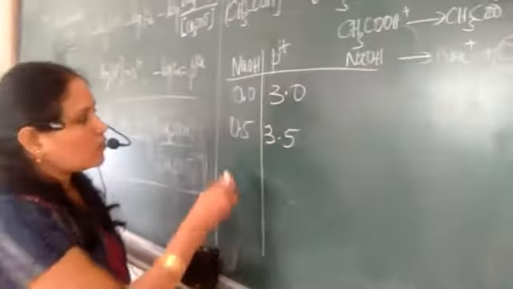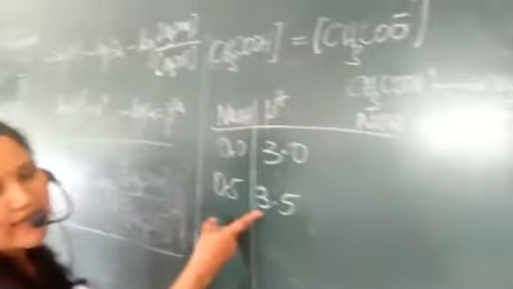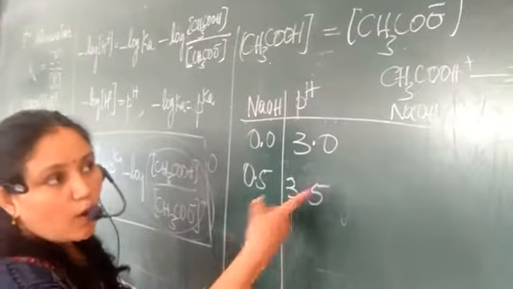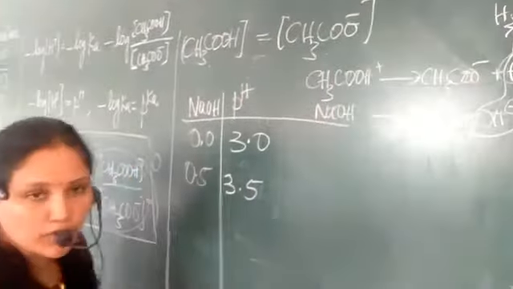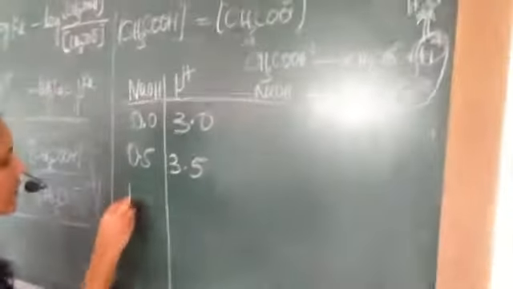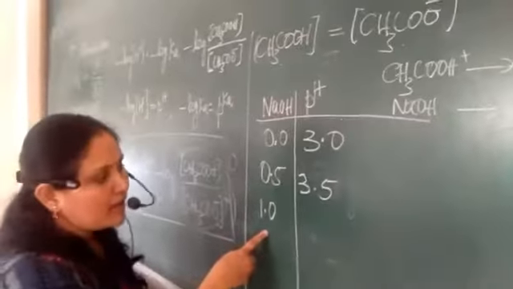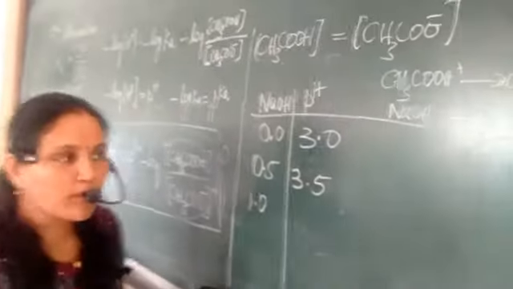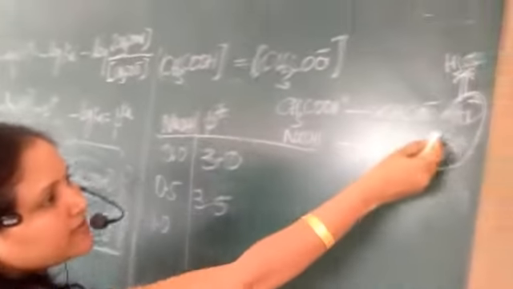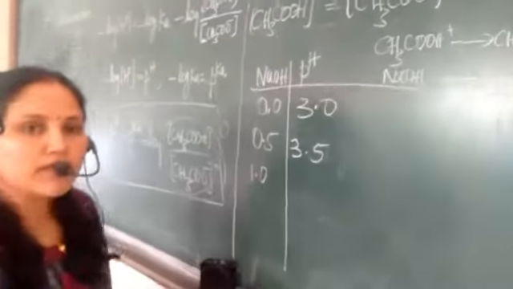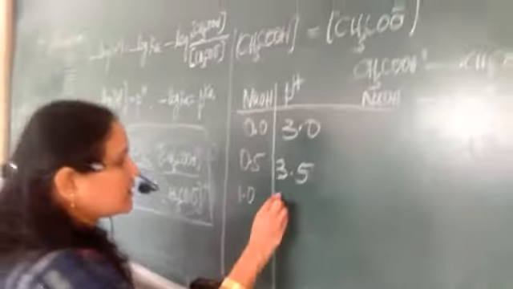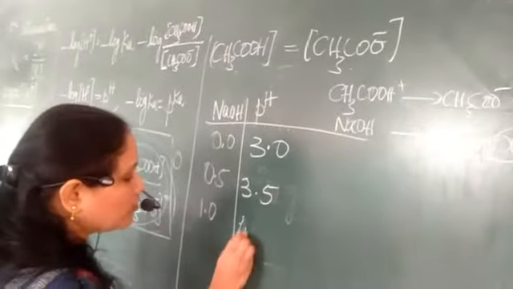But still it is in the acid range because all the acid has not been neutralized. So again I will add another 0.5 ml, so totally I have added 1 ml. When I add one more 0.5 ml, some more H plus gets converted into water, so the pH again increases. Let me assume this as 4.